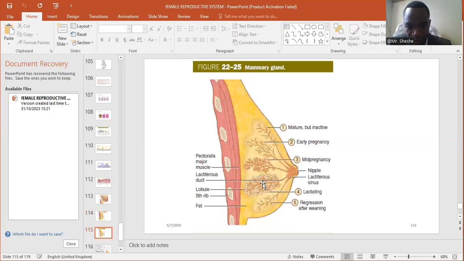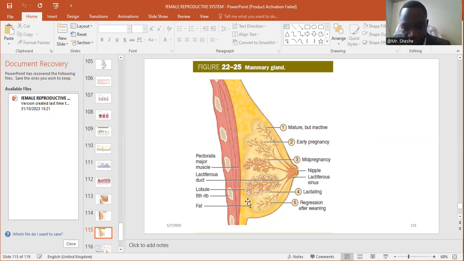Then these small sacs, if you lump them together, give us what we call a lobe. So a breast has lobules and lobes. So this is one lobe. Then within a lobe, you find multiple lobules. And each lobule is simply an acinus, a cup-like structure, as you can see there.